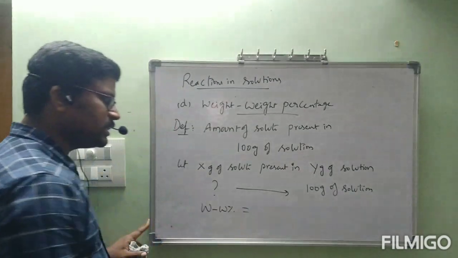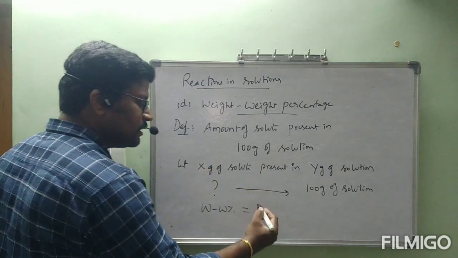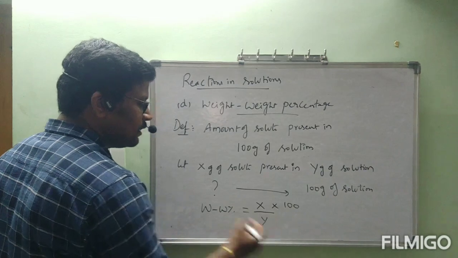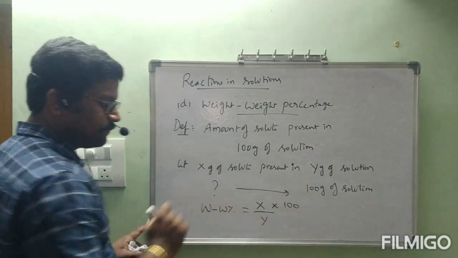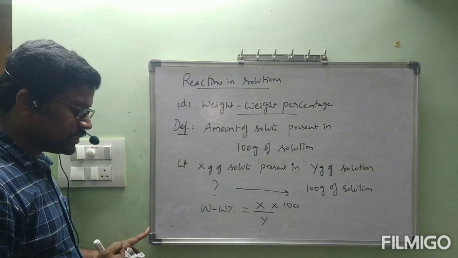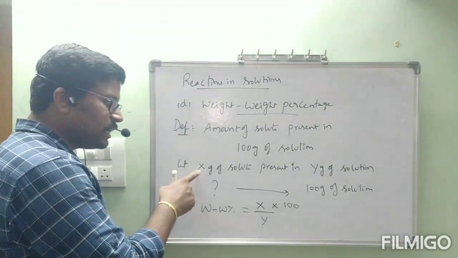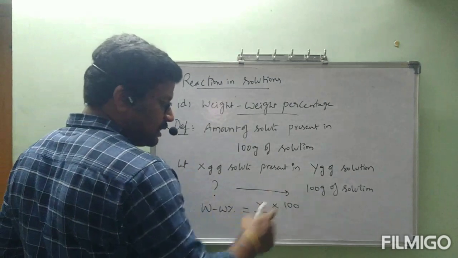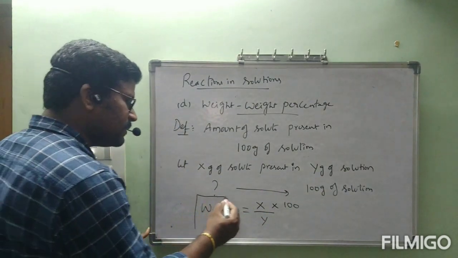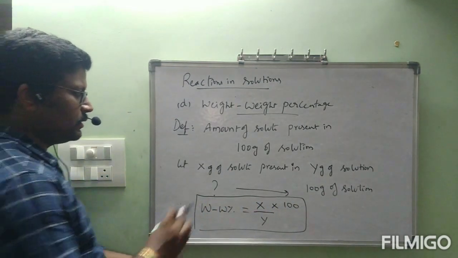This weight percentage is equal to, question mark is here, these two must be cross multiplied. X into 100, divided by Y. So finally the formula is W/W percentage, that means weight percentage, is equal to X by Y into 100. What is meant by X? Amount of solute. What is meant by Y? Amount of solution, into 100. So the final formula is weight percentage equal to amount of solute by amount of solution into 100.